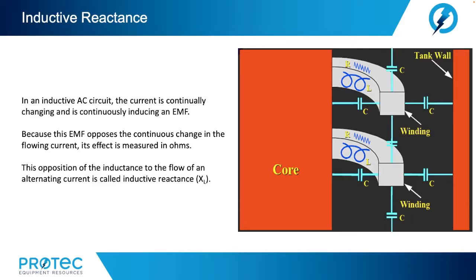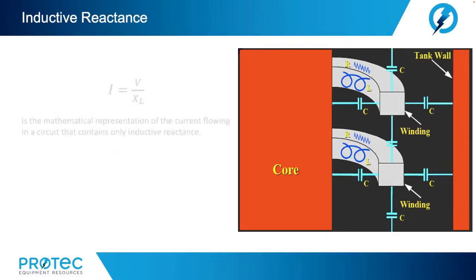This opposition of the inductance to the flow of an alternating current is called inductive reactance, represented by X sub L. Current equals voltage divided by X sub L is the mathematical representation of the current flowing in a circuit that contains only inductive reactance.